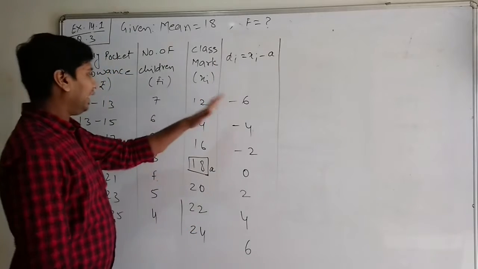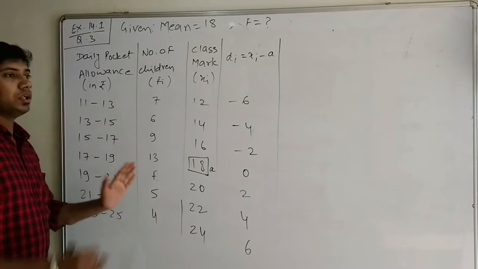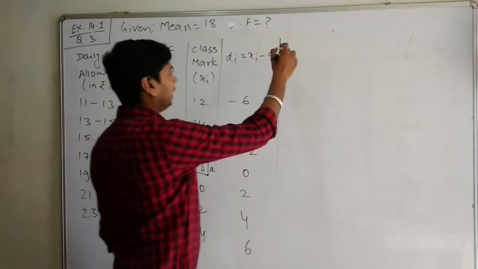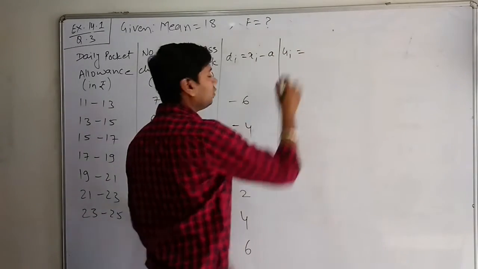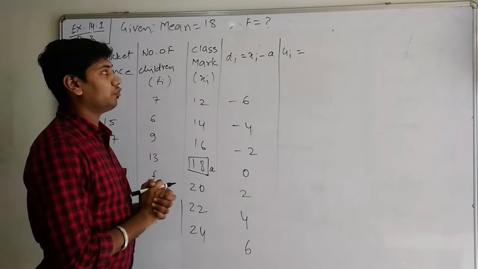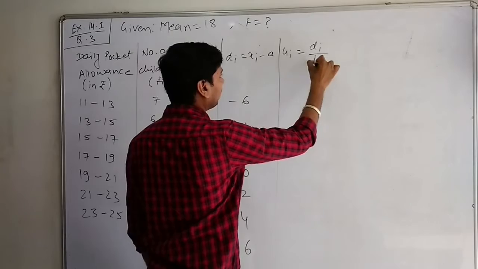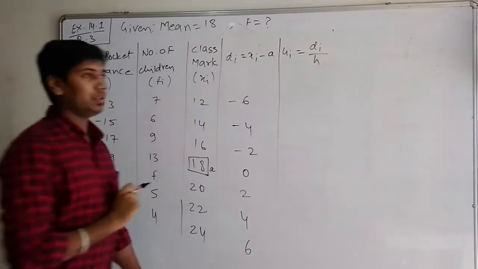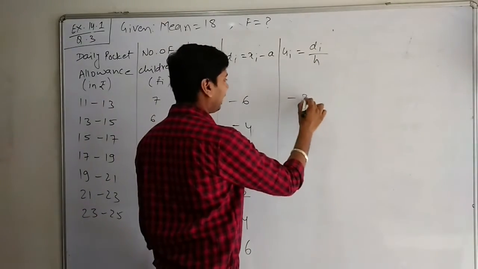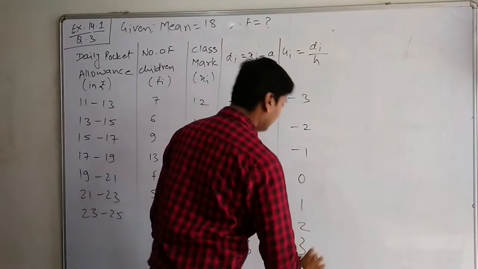the next step, either we can directly multiply these numbers, or we can use the next step, find ui. Here I choose the step deviation method, so we have to find ui. Ui is equal to di by h, and here the class size is 2, so minus 6 divided by 2 is minus 3, minus 2, minus 1, 0, 1, 2 and 3.